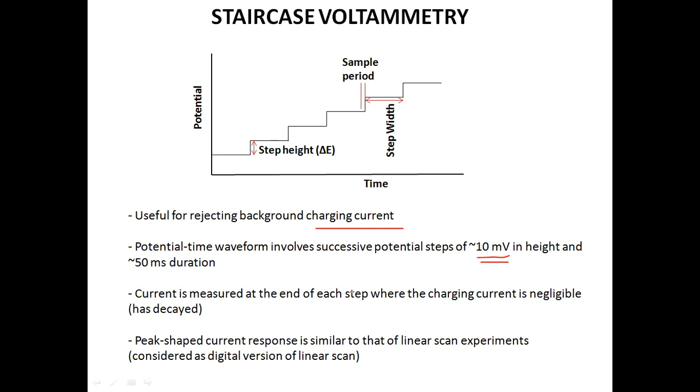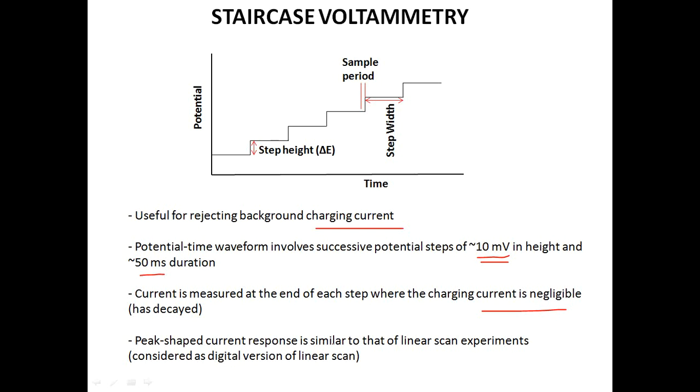The current is again measured twice: once before the pulse is applied and once at the end of it. The current is measured at the end of each step, where the charging current is negligible, so that reduces the capacitive current also.